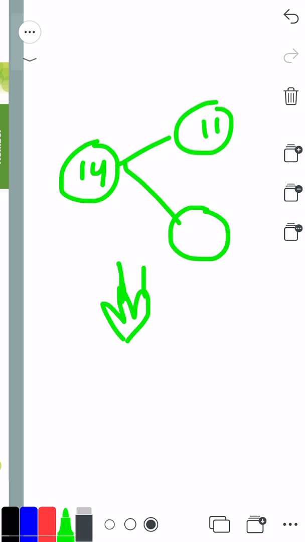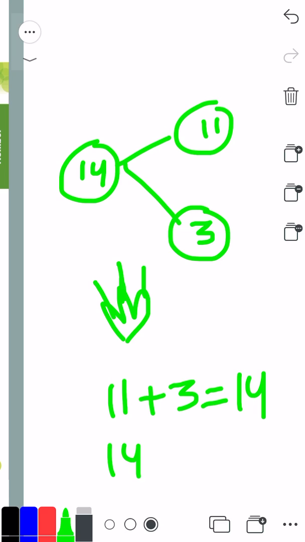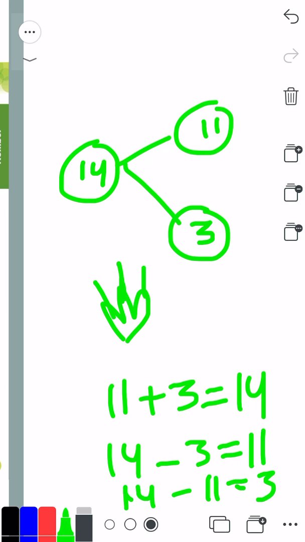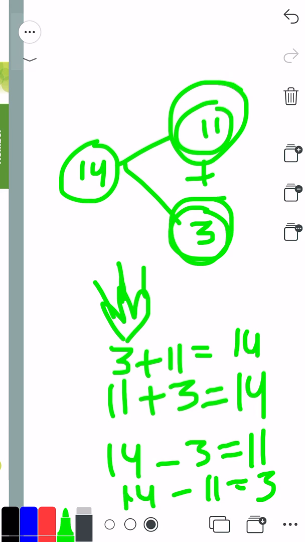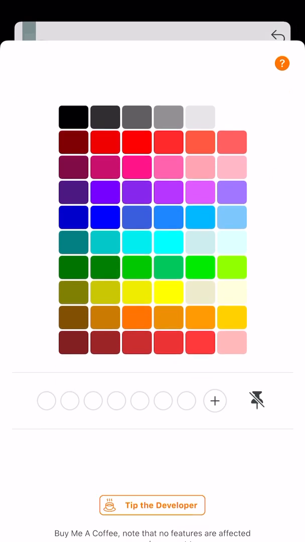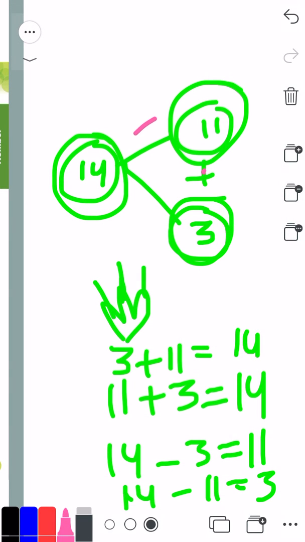So it's 11 plus 3 that equals 14, or 14 minus 3 equals 11, or 14 minus 11 equals 3, or let's say 3 plus 11 equals 14. So the two small numbers added together make up the largest number, and the largest number minus any of the small numbers equals the other number.